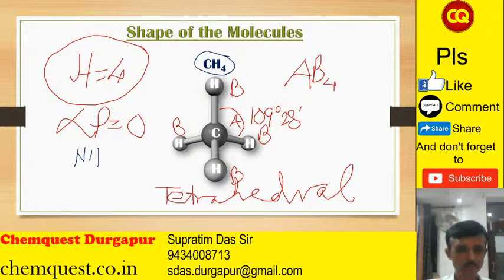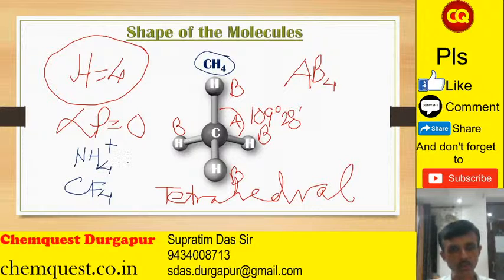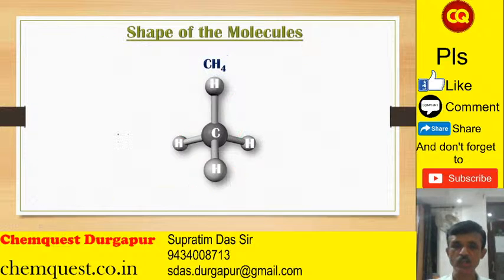like NH4 plus, like CF4. These are all tetrahedral in geometry, as well as tetrahedral as shape.